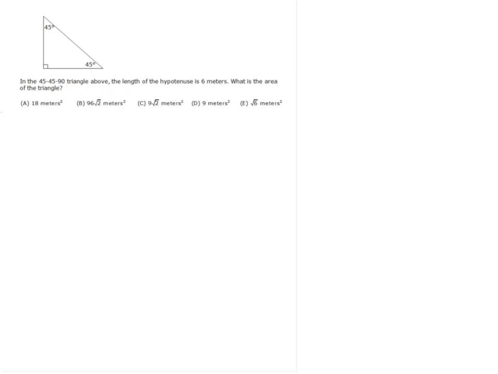So if we're going back to our side angle ratios here, we have x, we have x, we have x root 2. The first thing you're going to do is do anything possible to solve for x. Notice here, the hypotenuse is 6 meters, so you say that x root 2 equals 6. What's the purpose of that?